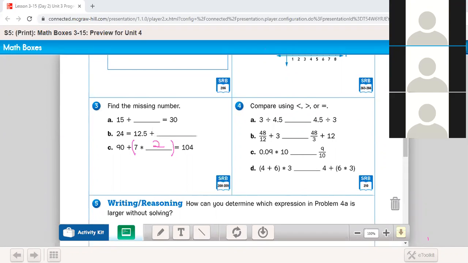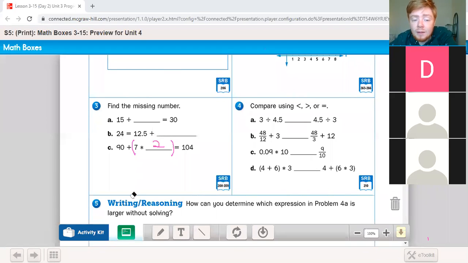Anybody else? Reham, good. Okay, good. Because if you did it the other way, you did 104 minus 97, you would have gotten a weird number, and 97 times nothing equals 104. So there's no way you could do that anyways. So yeah, always remember PEMDAS, okay? All right. Oh, sorry, Joel.